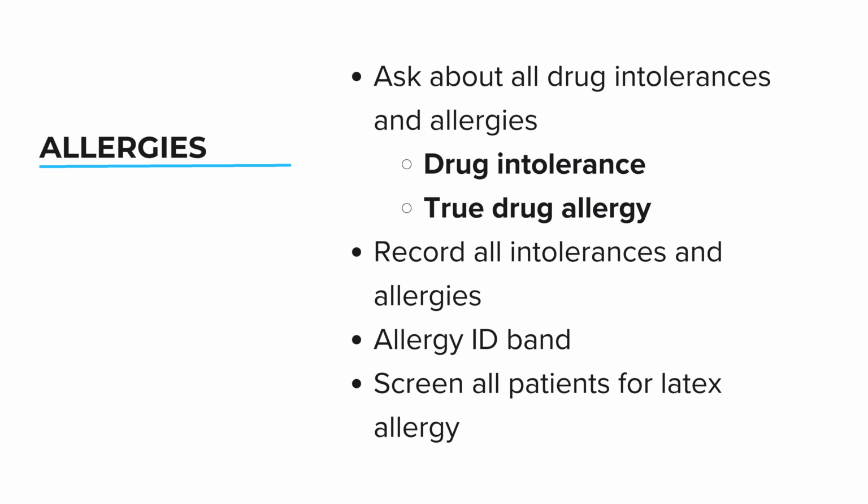Examples of true drug allergy are low blood pressure, increased heart rate, and breathing problems. Knowing this information helps the surgical team keep the patient safe and comfortable. So record all intolerances and allergies clearly in the patient's chart. If needed, make sure to place an allergy ID band on the patient on the day of surgery.